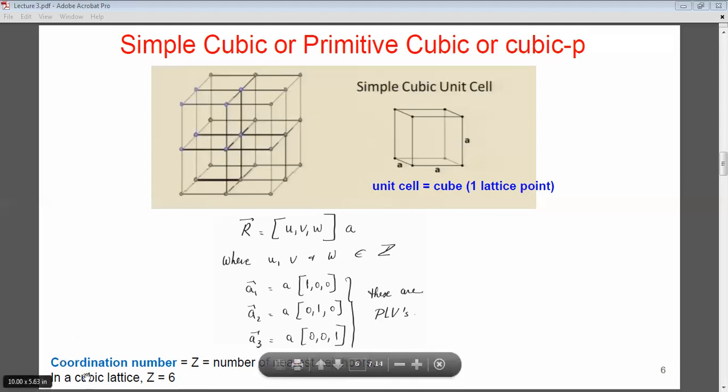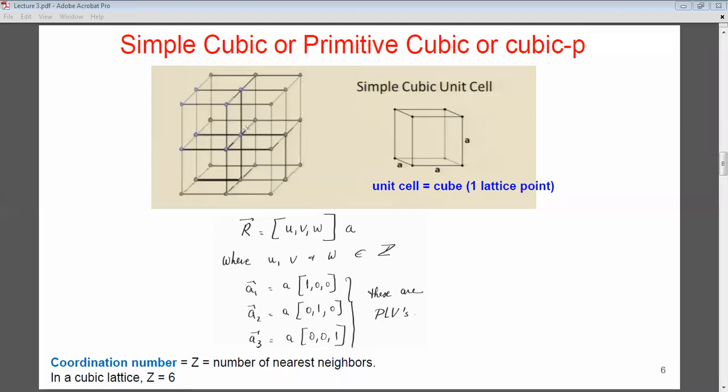Now I'm going to introduce a new definition. It's very useful for us to know, and that's the coordination number. The coordination number, Z, is the number of nearest neighbors of any atom on the lattice. So if I look at any atom on the lattice, let's take this point over here.